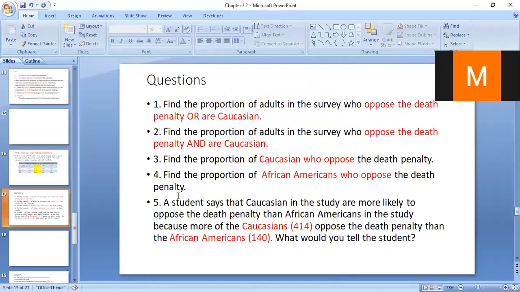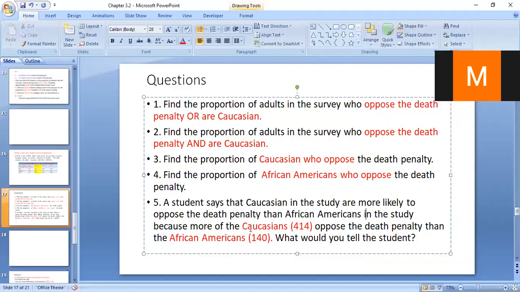And you go to number 5. Students say that Caucasian in the study are more likely to uphold the death penalty than African American in the study because more Caucasian, 414, uphold the death penalty than African American. You look at this one.